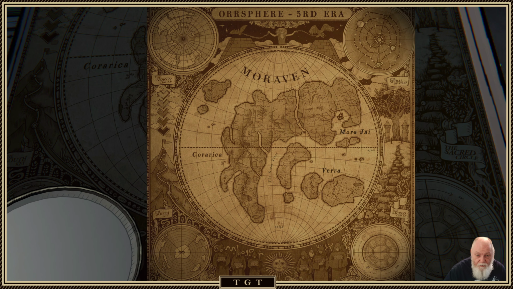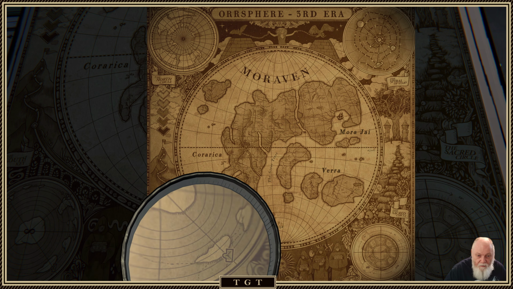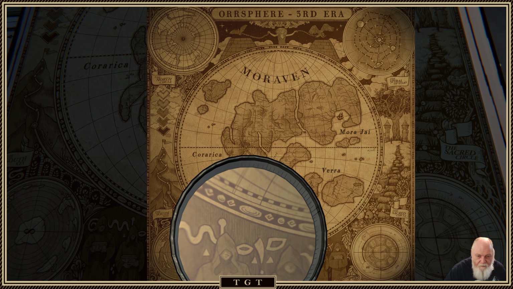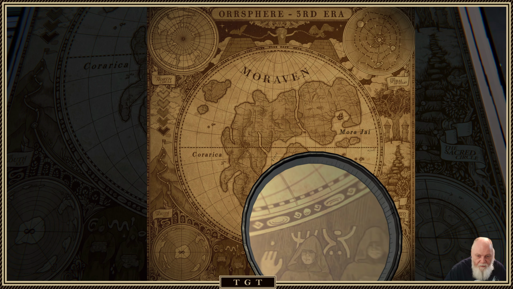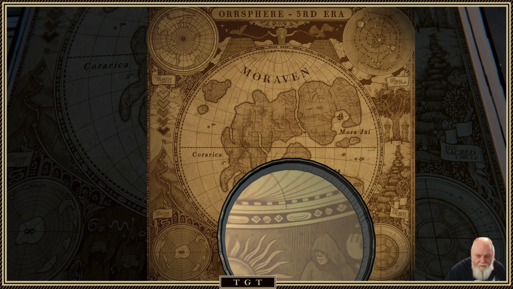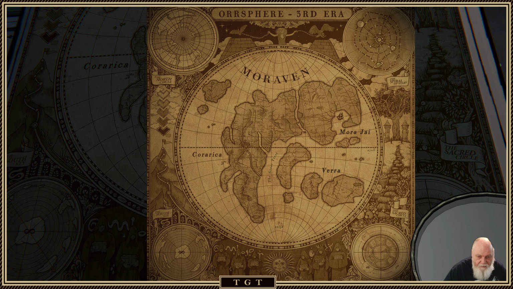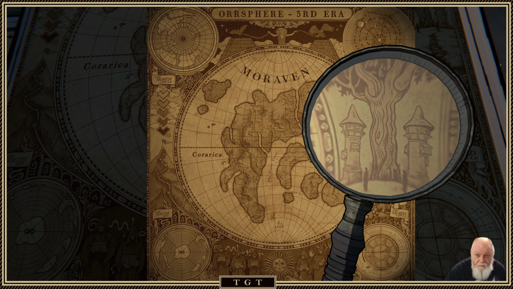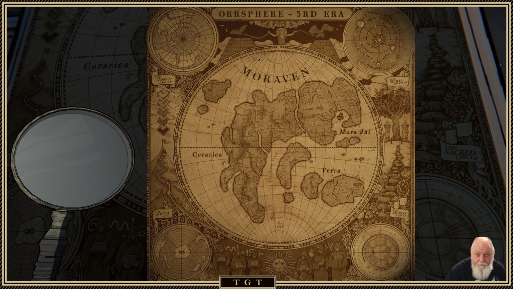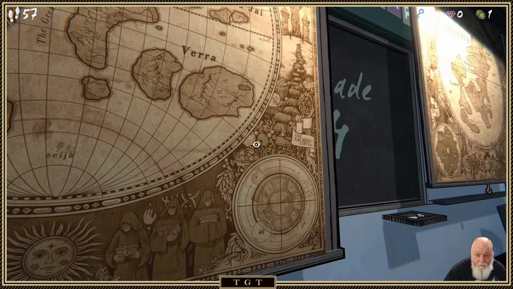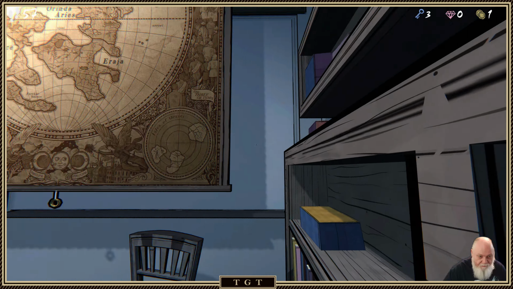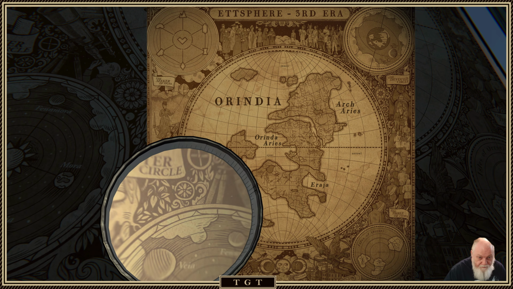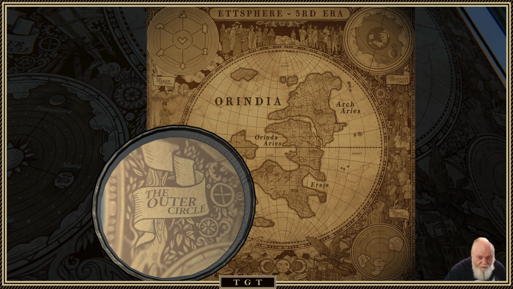It does not seem necessary. I've been here with the magnifying glass before and I took notes, so I just didn't take screenshots with it, but I don't know that I need to.